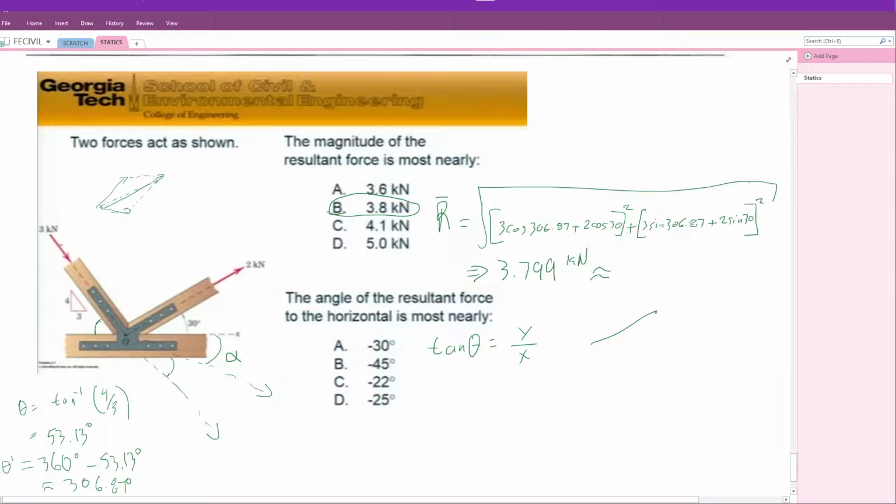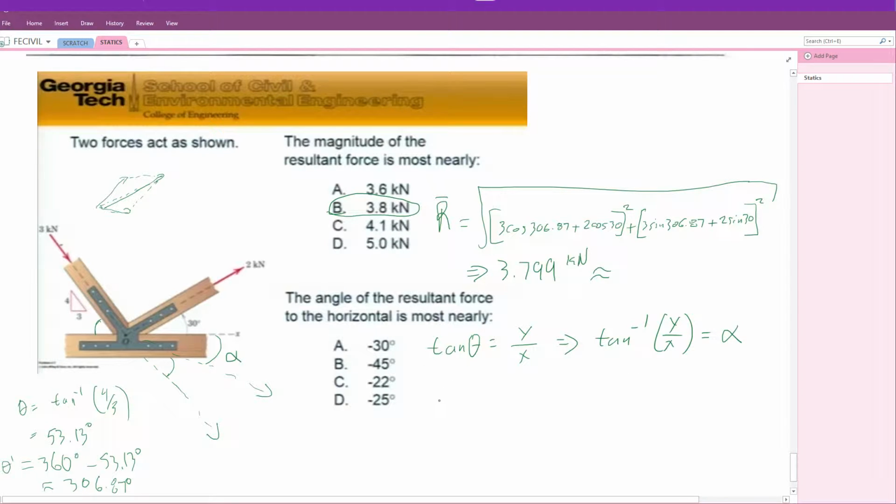If you have a triangle like this, to find this theta, it's just the y over the x, or the vertical over the horizontal. And then the angle is just the inverse tangent of y over x, which gives you the angle, sorry, alpha. We used theta, angle alpha.